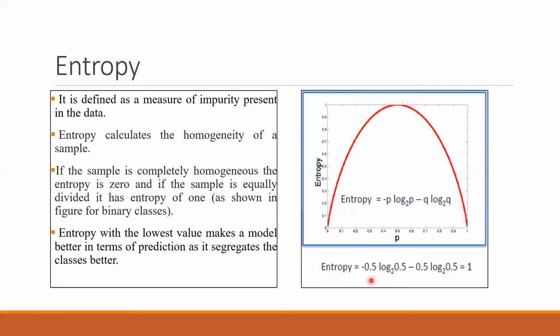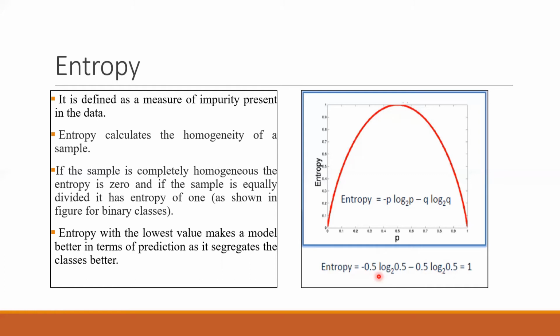So if the dataset is divided 50-50, let's say 50% is of class p and 50% is of class q, this formula will have these values: minus 0.5 log2 0.5 minus 0.5 log2 0.5. If you solve this equation, the answer will come out to be 1, right?